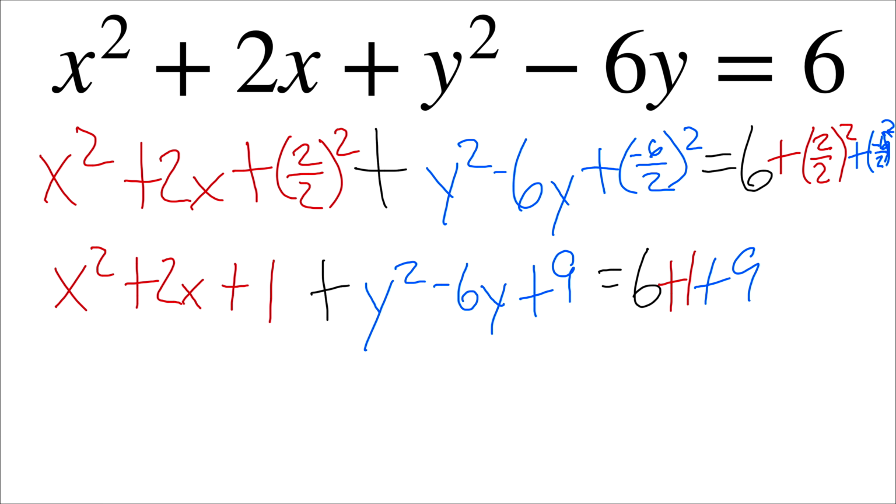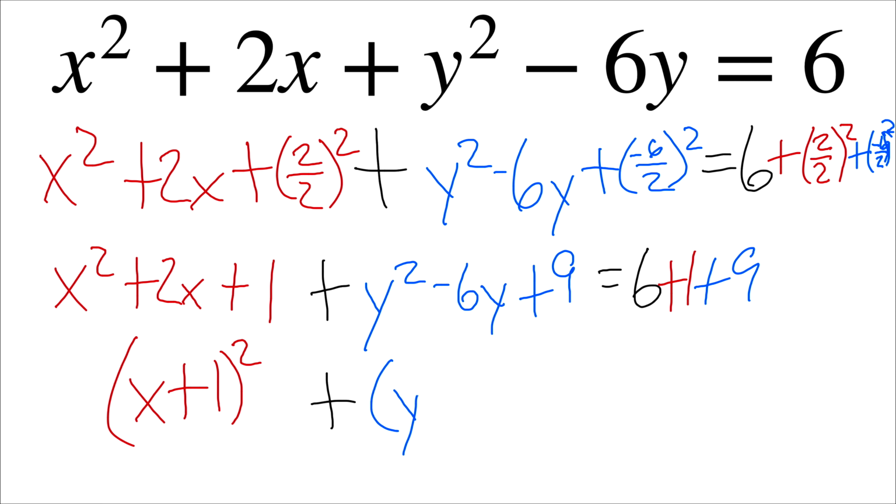Okay, so let's see. Over here, first we're factoring this. Numbers that multiply to be 1 and add up to be 2 are 1 and 1. So this becomes x plus 1 squared plus numbers that multiply to be 9, 3 and 3, but add up to be negative 6, negative 3 and negative 3.